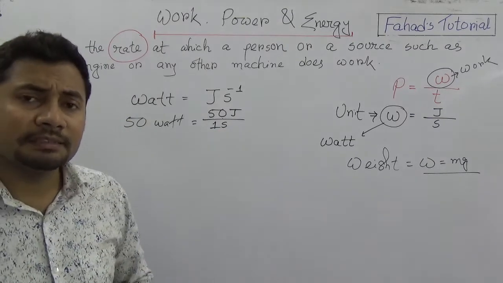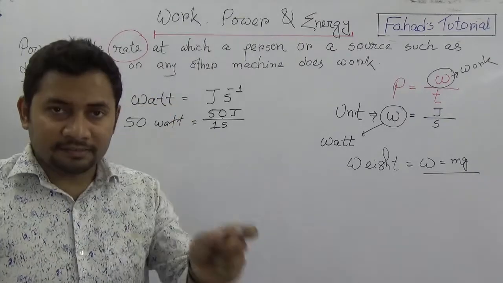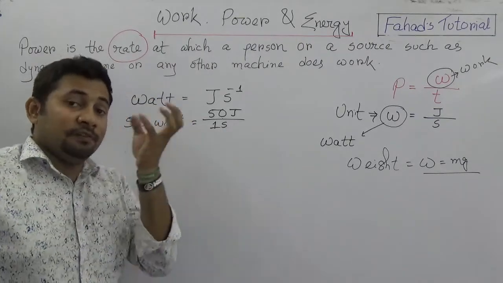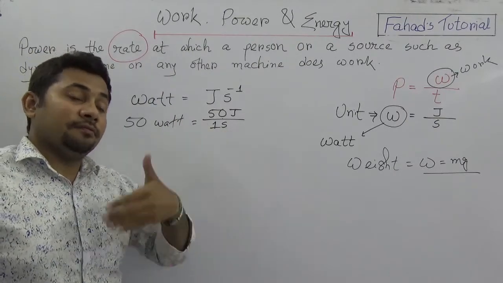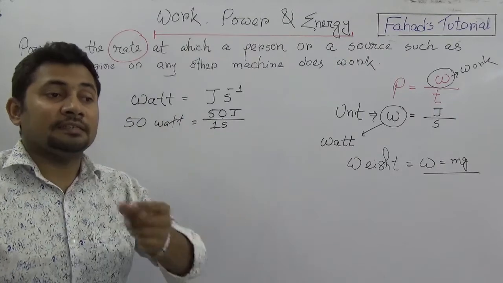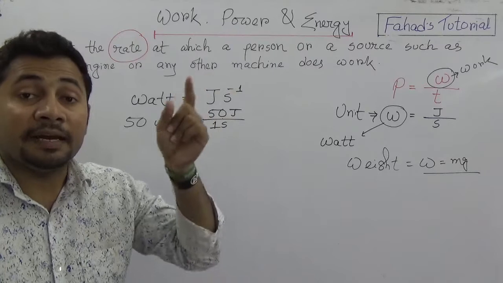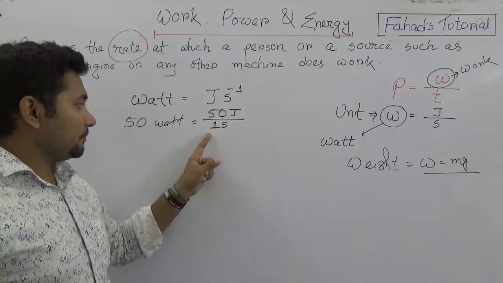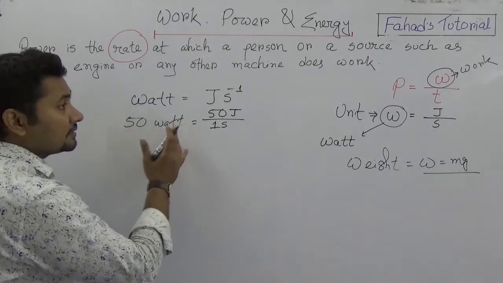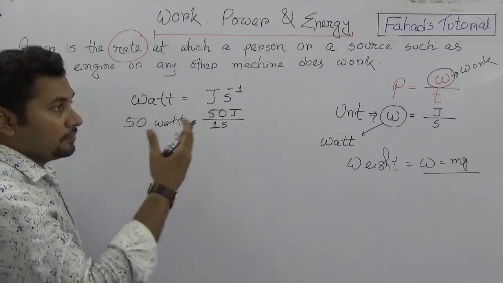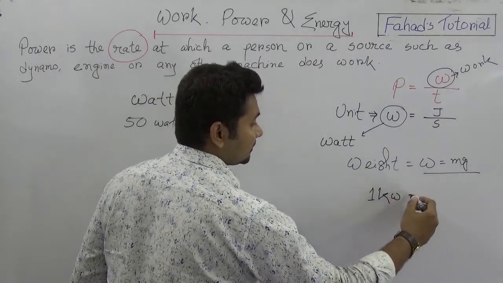So 50 watt means that the machine or the body or anything that is performing right now can do 50 joule of work. 50 joule of work can be done in 1 second by that particle. So per second 50 joule. So in expressing a bigger amount of work, we can say 1 kilowatt.